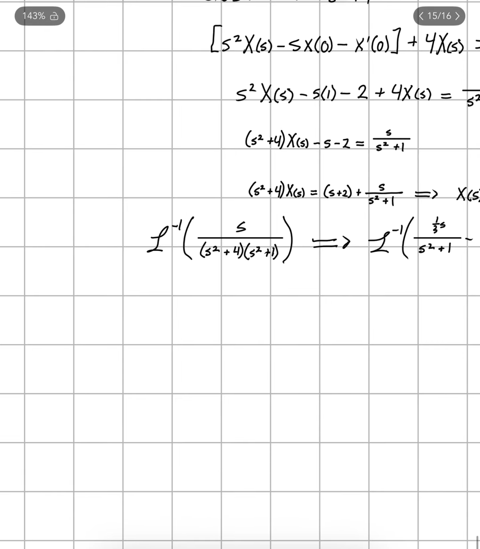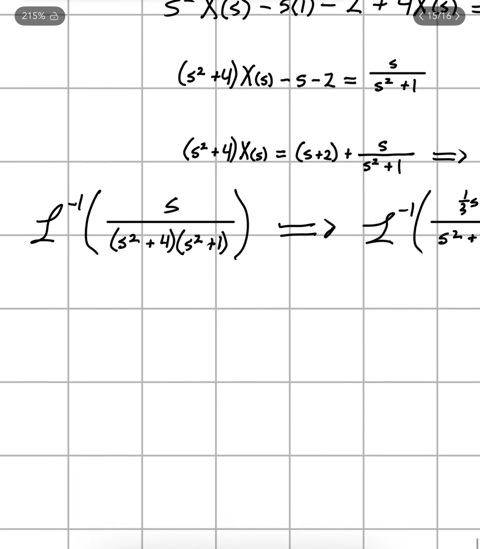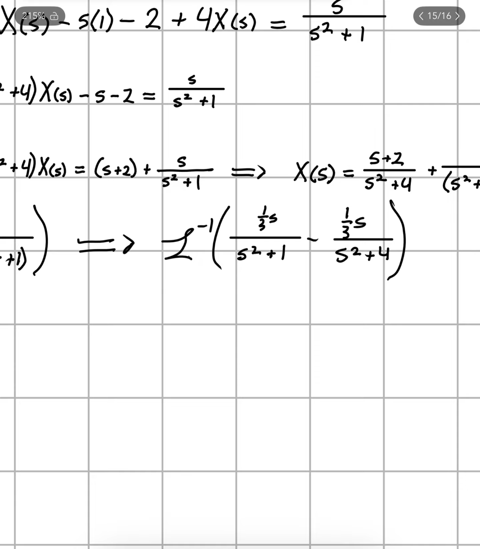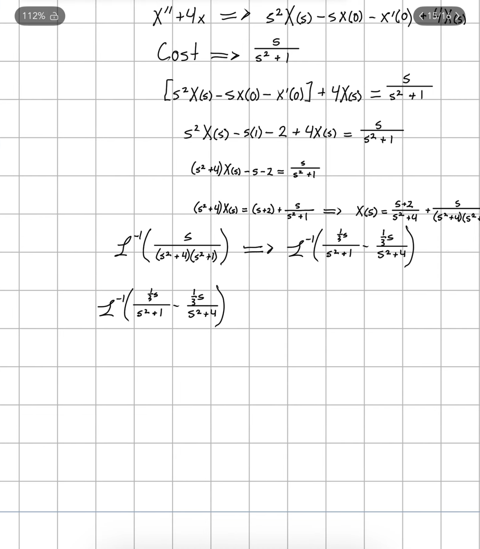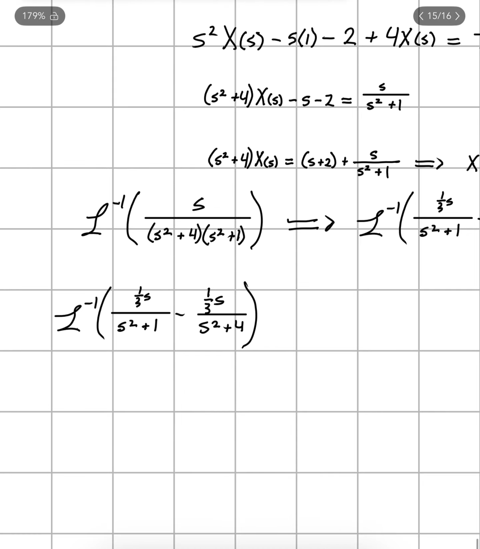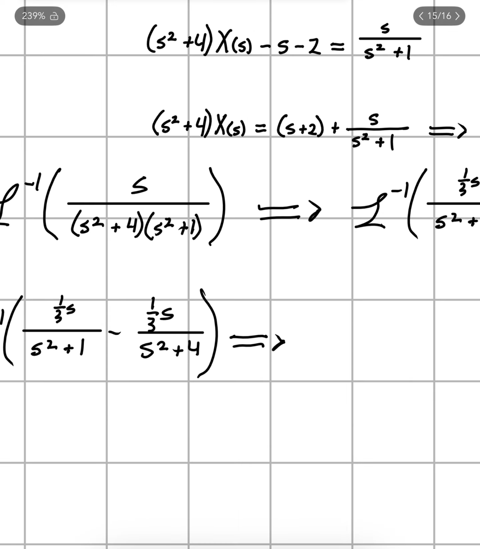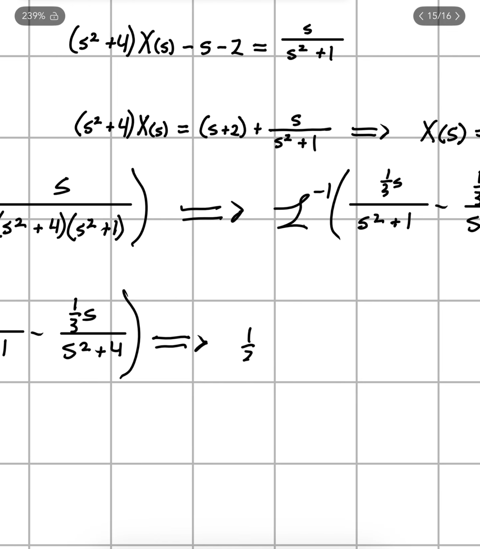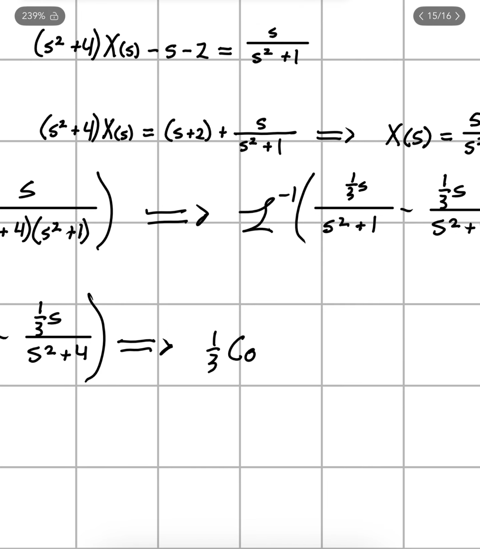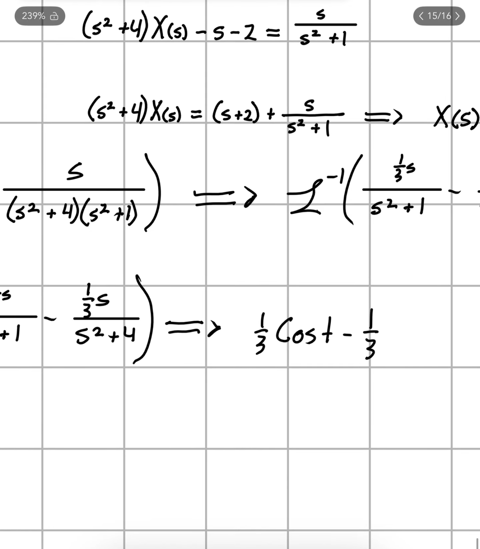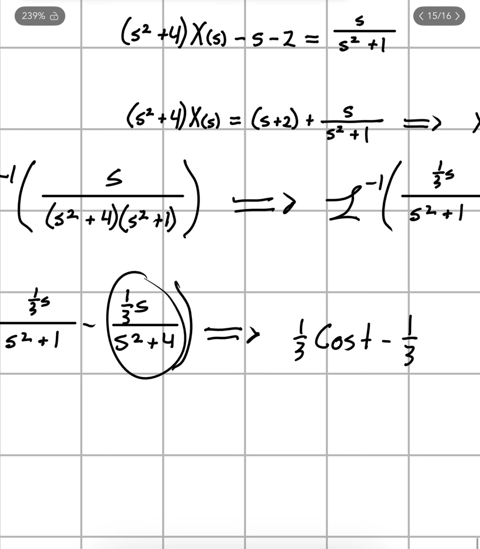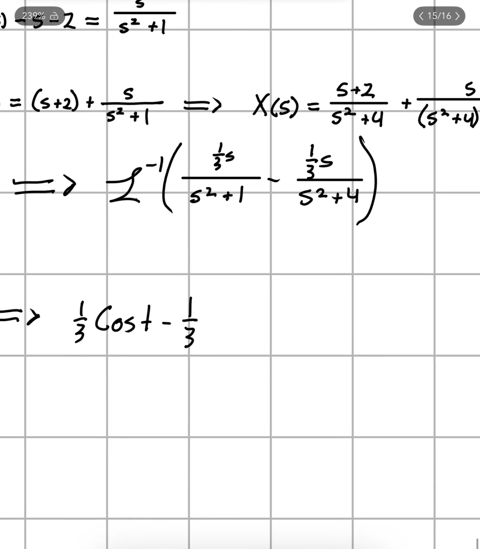So when we convert it here, we simply get 1/3 cosine of t minus 1/3 cosine of 2t.